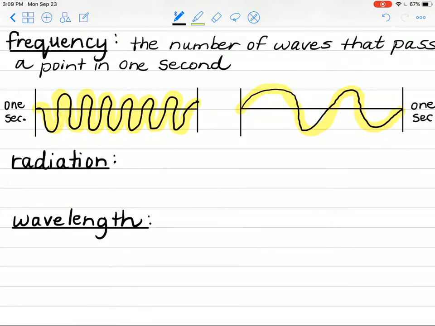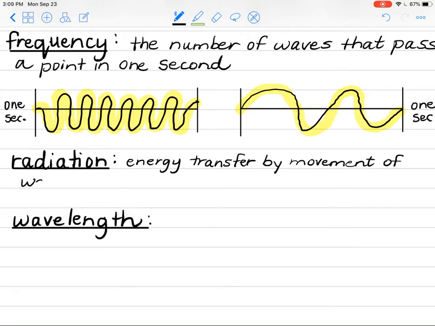Okay, radiation. This is one I'm sure that you've heard of, but do you know what it means? Radiation is energy transfer by movement of waves or particles. It's not always dangerous.